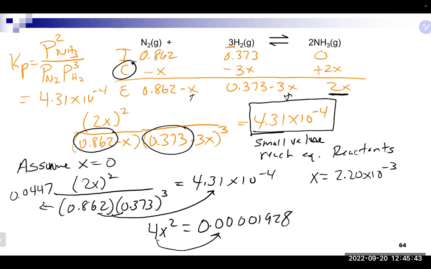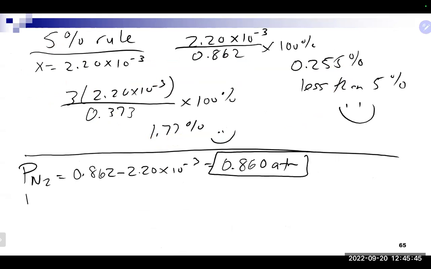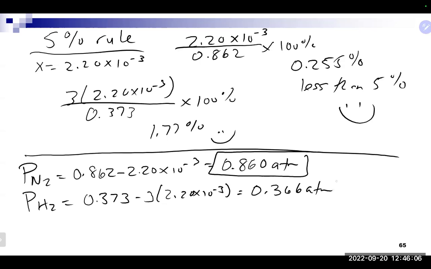For our H2, it would be 0.373 minus 3 times 2.2 times 10 to the minus 3. And that would get us 0.366 atmospheres.